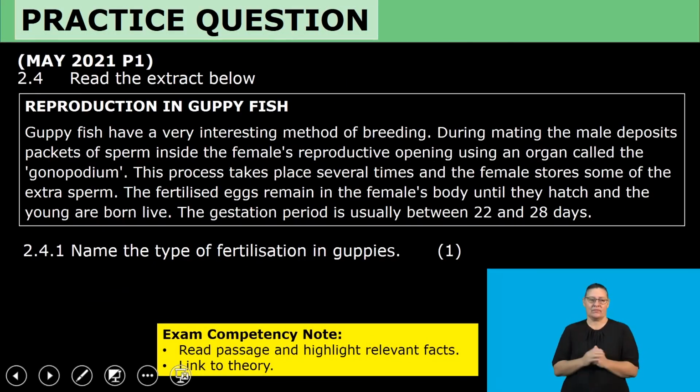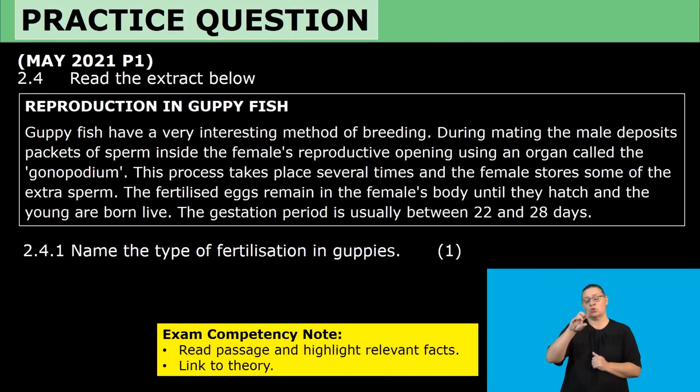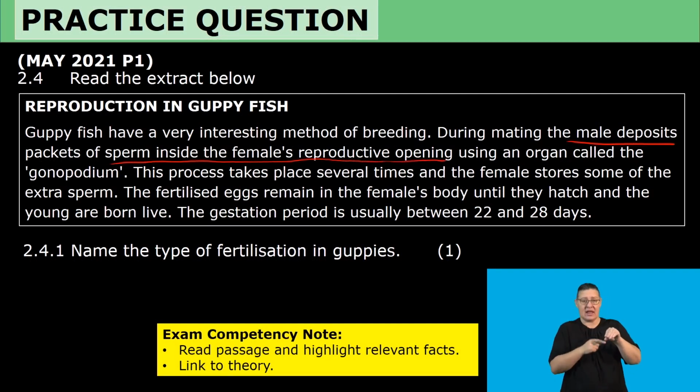Let us look at this one question from May 2021, paper 1. Reproduction in guppy fish. Guppy fish have a very interesting method of breeding. During mating, the male deposits packets of sperms inside the female's reproductive opening using the organ called gonopodium.